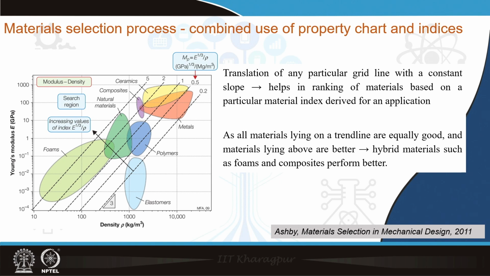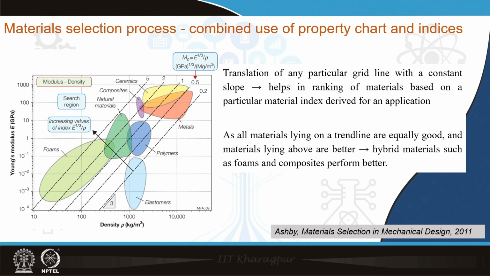Materials lying above are better, materials lying below are inferior. That means all the materials which fall on the line showing a value of 0.5, if you calculate the value of E to the power 1/3 over rho for all those materials, you will obtain a value of 0.5.